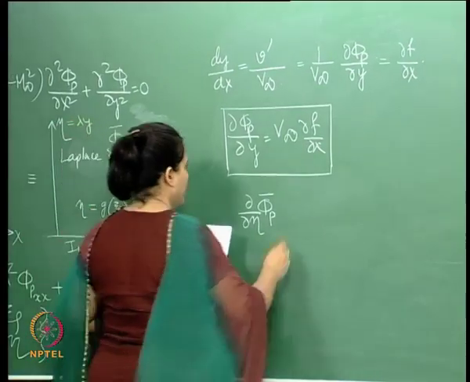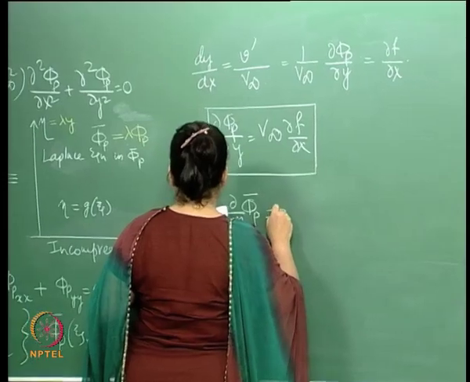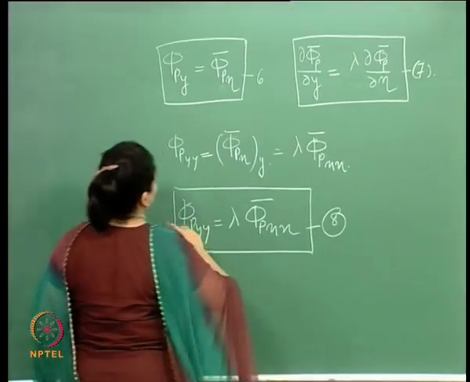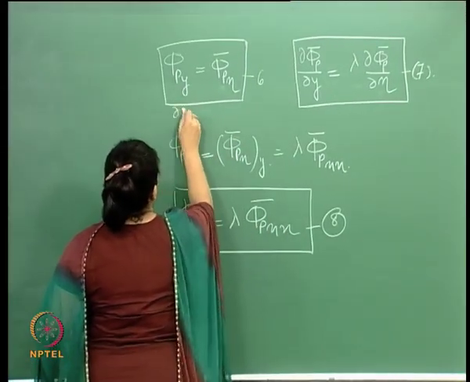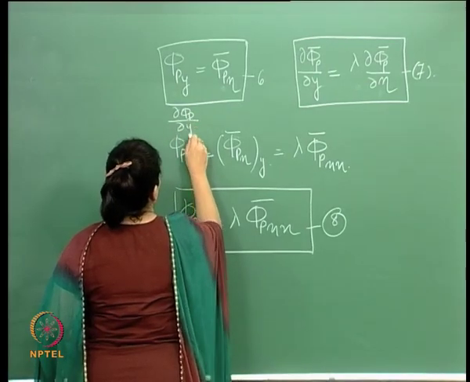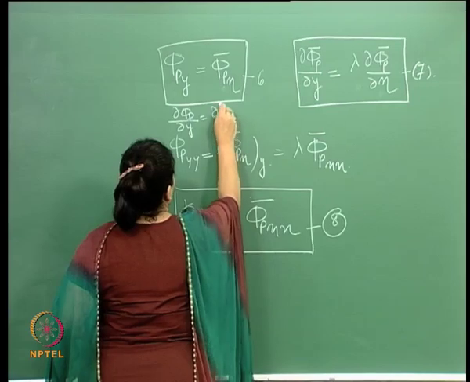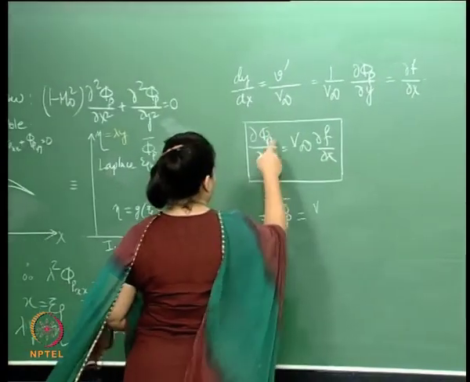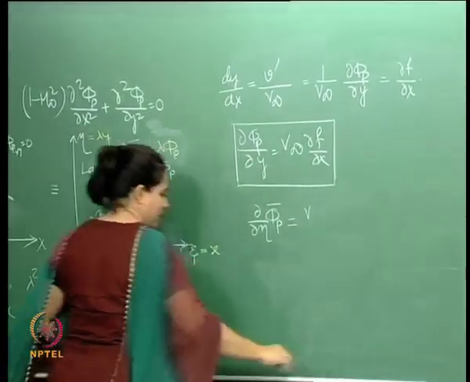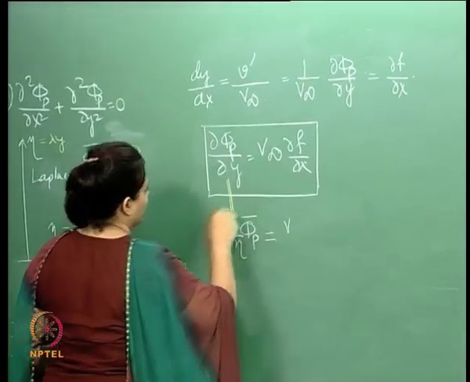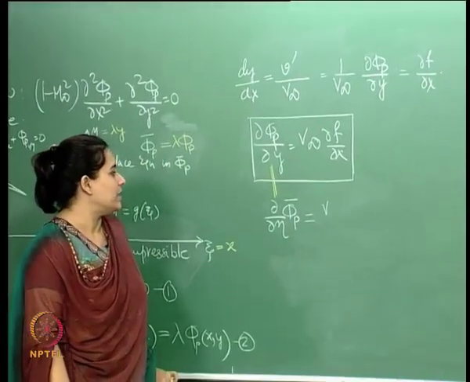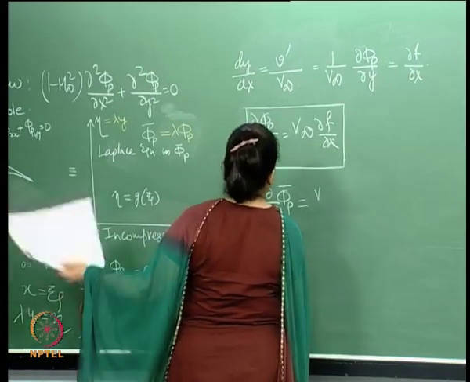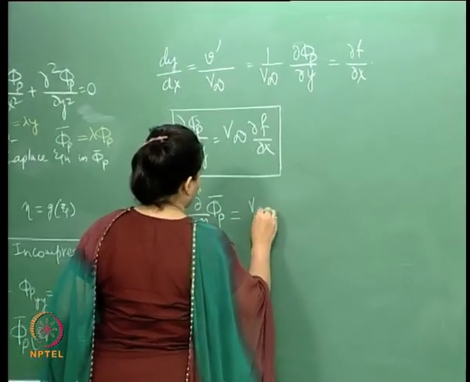If you look at what we did just now, del phi p del y is equal to del phi p bar del eta, from our transformation.